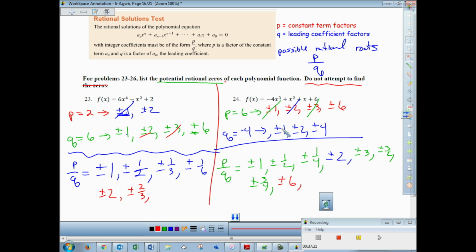You get 6 over 1, which you do not have. 6 over 2, which is really 3, which you do have. And 6 over 4, which is really 3/2, which you already have. So this is all your possible rational solutions, roots.